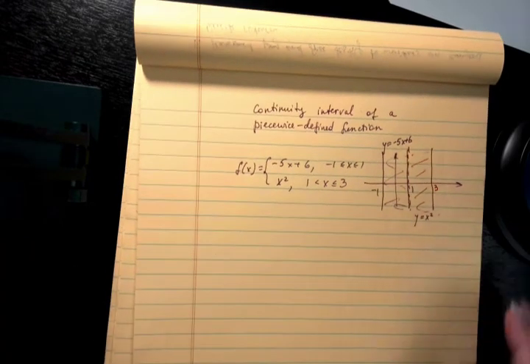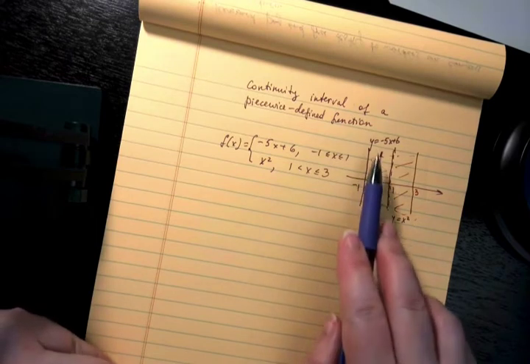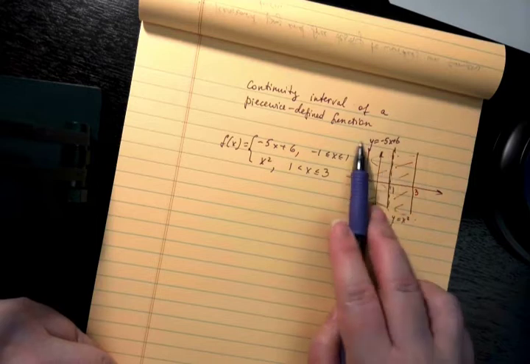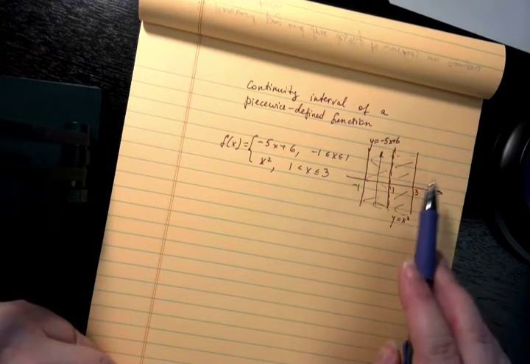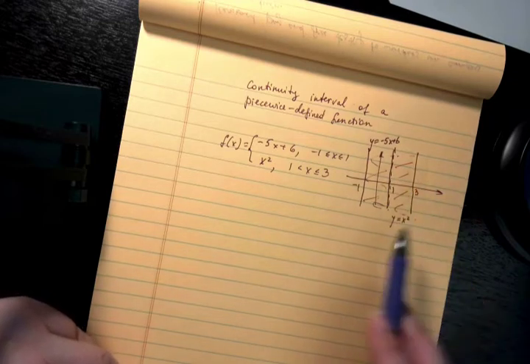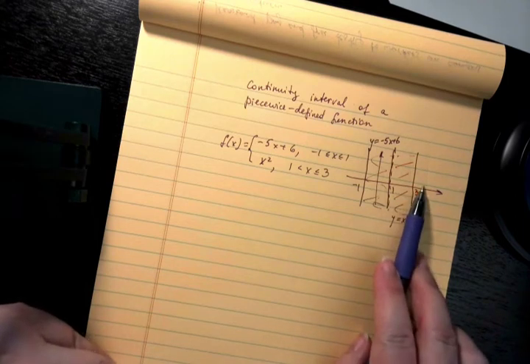Okay, so to the left of 1, I have a linear function, which could also be considered a polynomial function, and it's continuous everywhere. To the right of 1, I have a polynomial function that is also continuous.